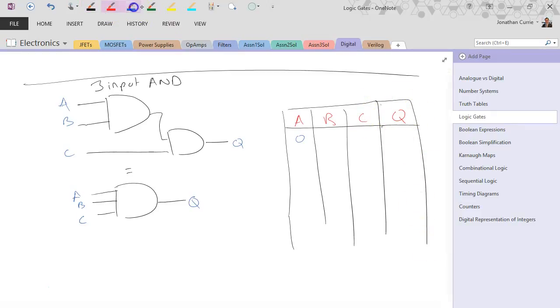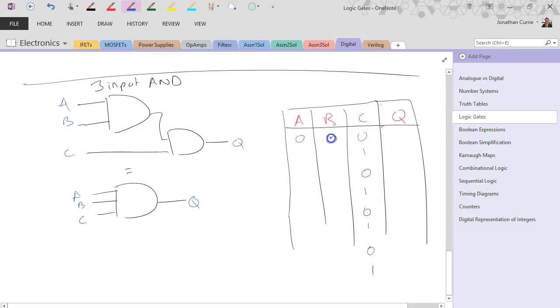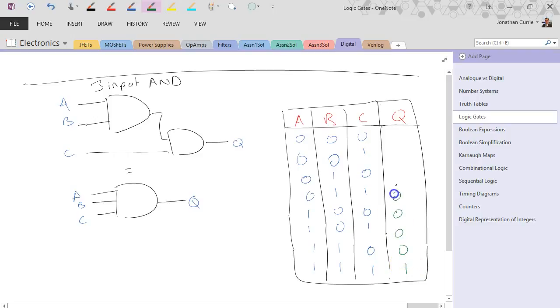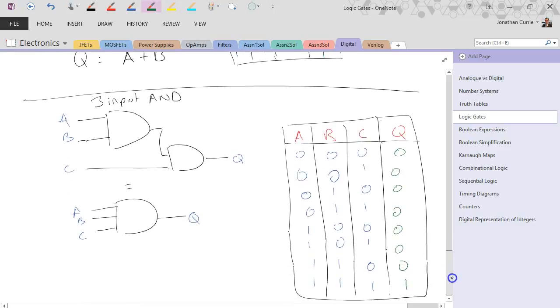Noting we have 8 rows because we now have 3 inputs, 2 to the power of 3, and only if all 3 are on, A and B and C, then the output goes to a 1. Otherwise, it would always be 0.